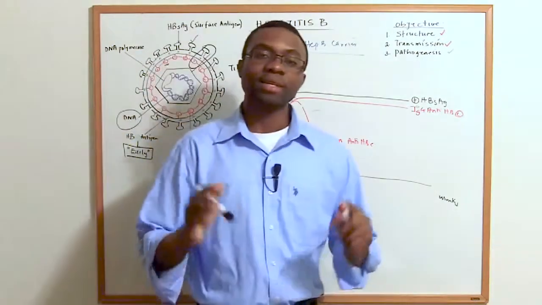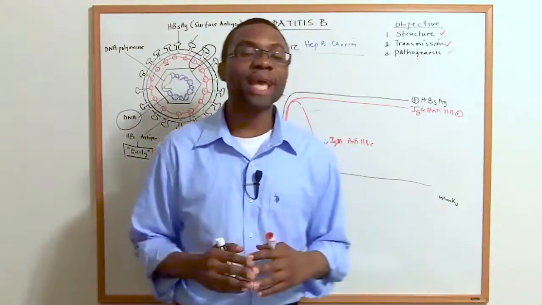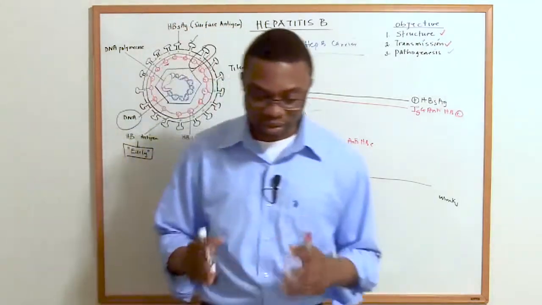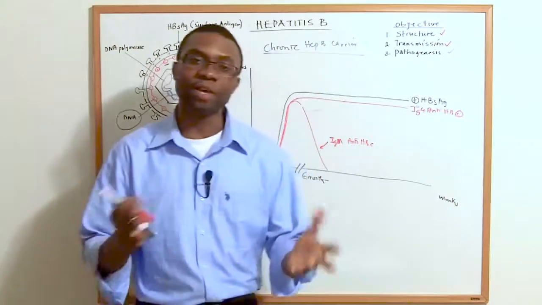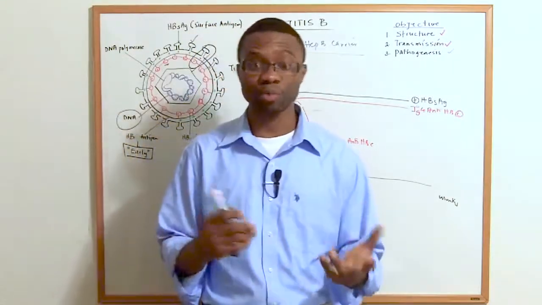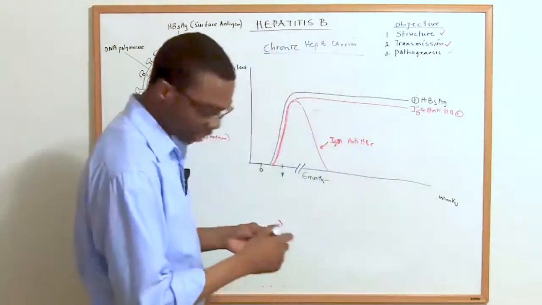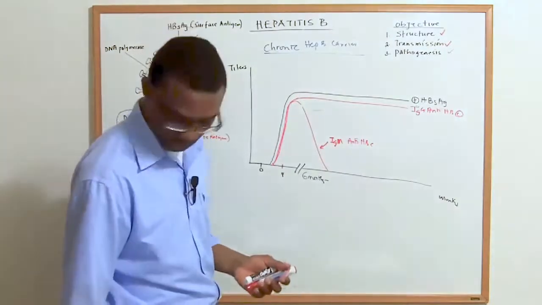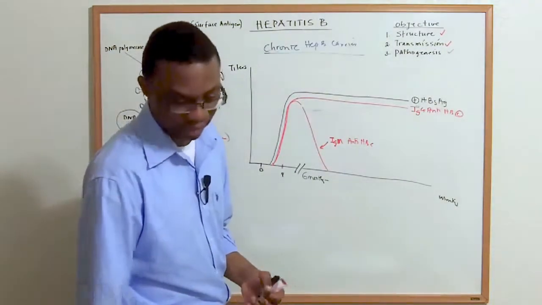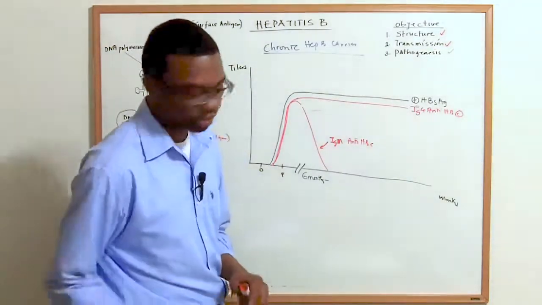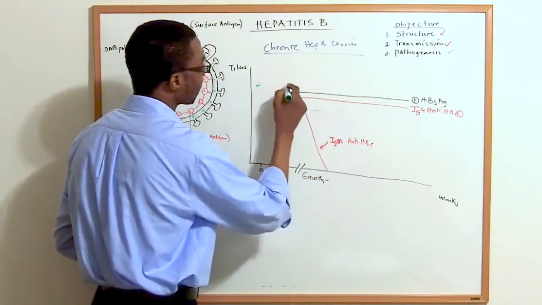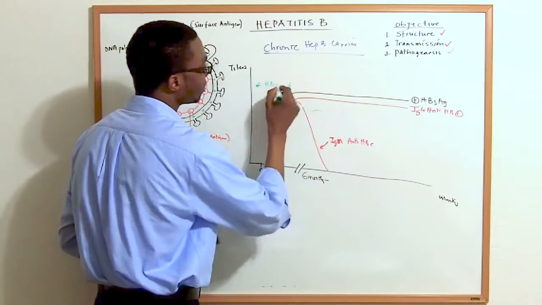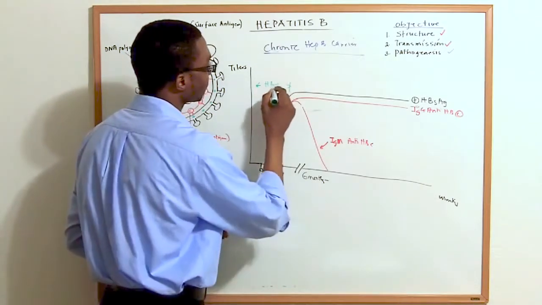Now, what about the early antigen? Well, for early antigen, usually in these patients it could be variable. It could be high or it could be low. So let's just put it at the top of the graph so we don't forget. Let's make early antigen green. So when they get the course of the infection, they develop hepatitis B surface antigen.